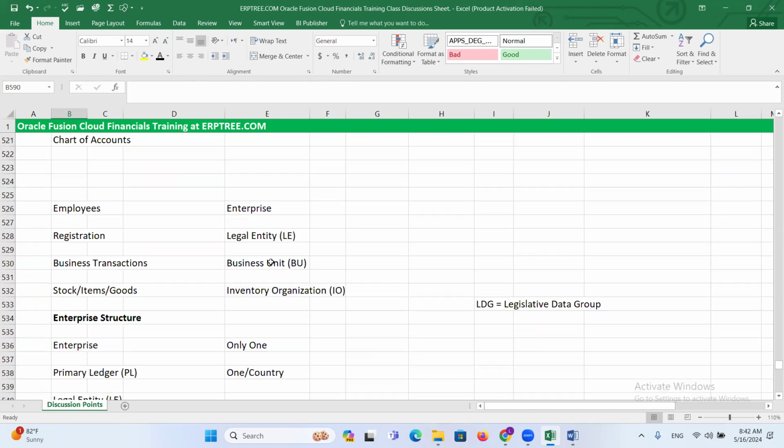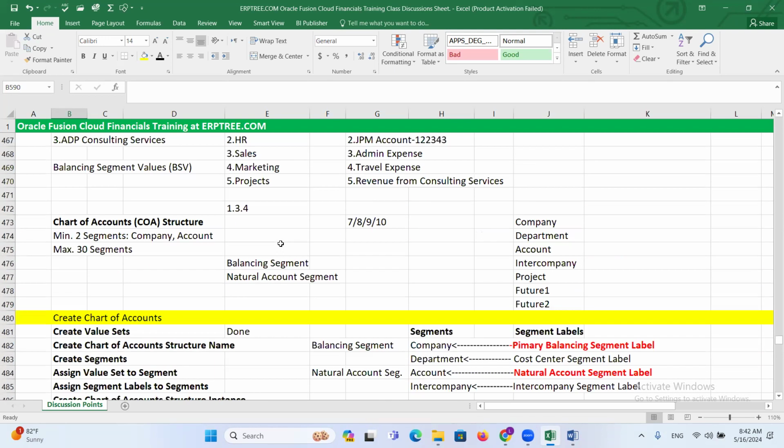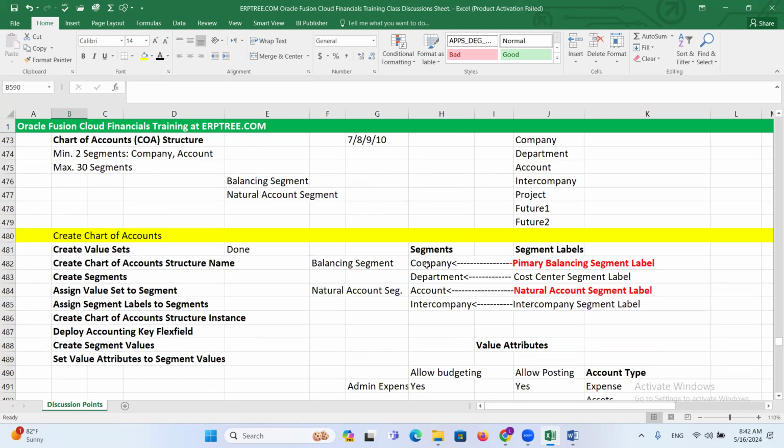Here we discussed that for company we are assigning the primary balancing segment label. Now company we are calling a balancing segment. As a best practice, you make only one segment a balancing segment.